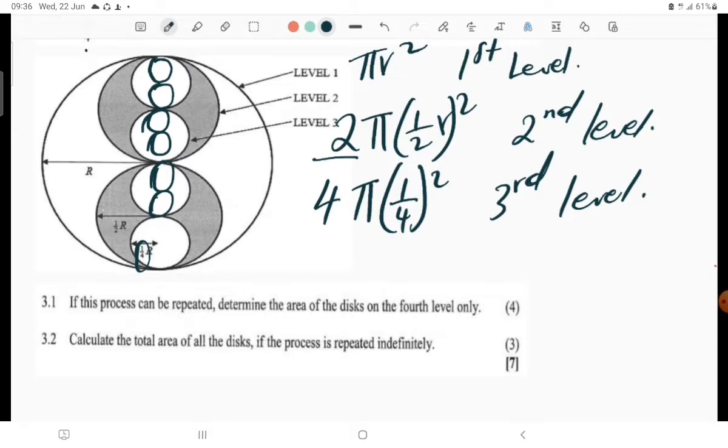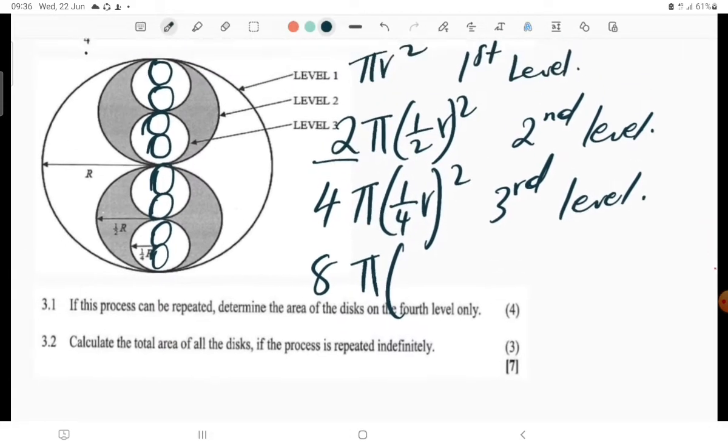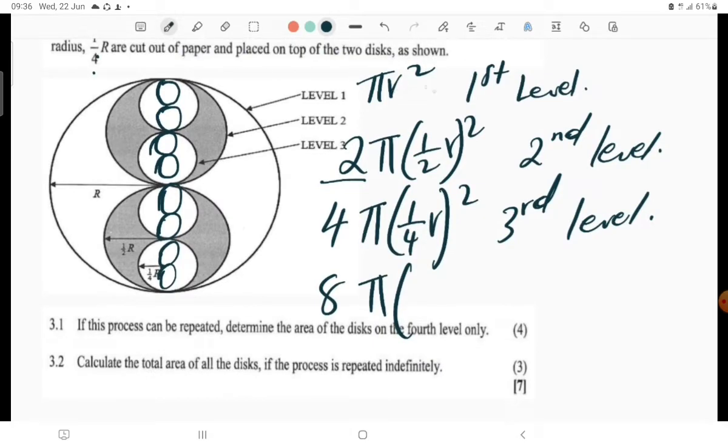So the fourth level, we know that the fourth level is going to be these 8 small discs there. So we have 8, then pi, then our r, oh sorry, we have r here, then we have squared there. So our r here, you can see that here we didn't have any half, then if you have half here, we have 1/4.